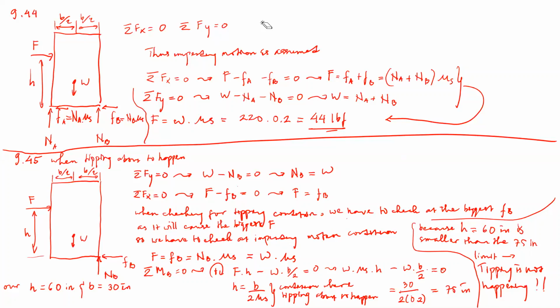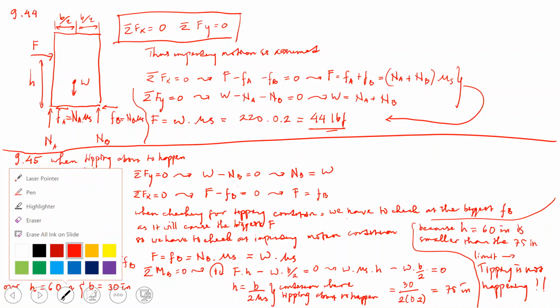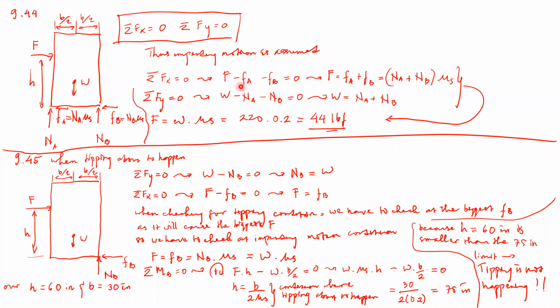The equations that we have, remember, are these two: sigma Fx equal to 0 and sigma Fy equal to 0. For sigma Fx equal to 0, if going to the right is positive, we have F minus Fa minus Fb equal to 0. Why? F is going to the right, Fa is going to the left, negative, Fb is going to the left, negative.